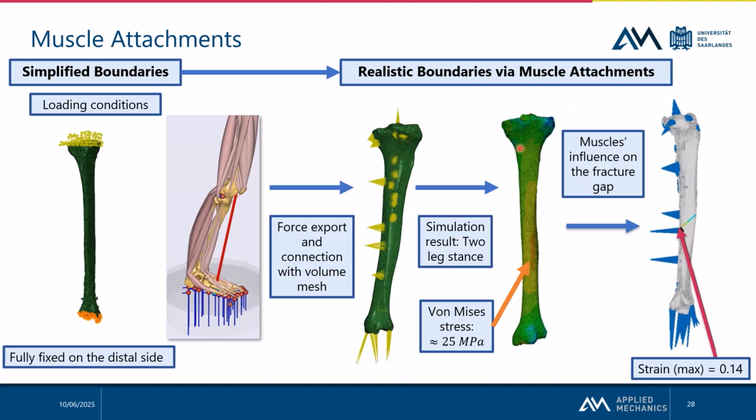And then, for example, we tried a two-leg stance just to look at the results and see that we have a von Mises stress of around 25 megapascal. Then we also start to look at how this influences maybe this kind of simple fracture. That was the first attempt to visualize and use this kind of setup.